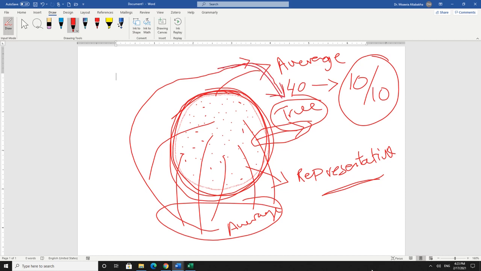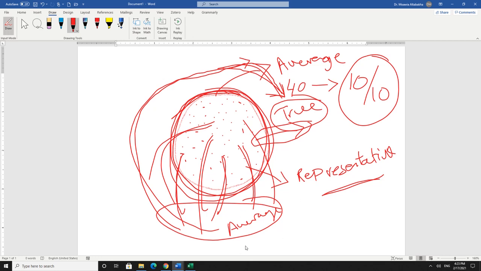Please pay attention that the higher the number I take for my samples, the closer it is to the true average. So that's what you need to think about when you want to do a controlled clinical trial.